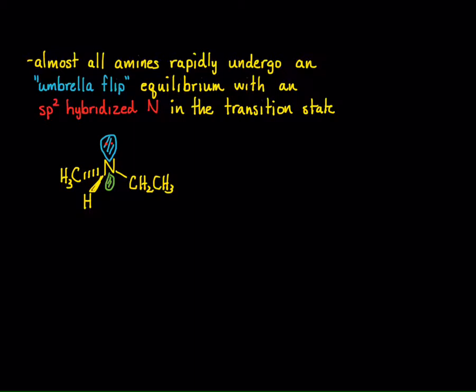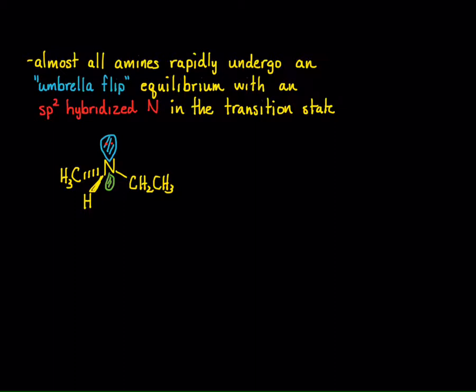So this is where I get that trigonal pyramidal shape to it. Now, interestingly enough, that nitrogen is a stereogenic center. It's a stereogenic nitrogen because it has, in essence, four different things attached to it. It has an ethyl, a hydrogen, a methyl, and a lone pair of electrons. The lone pair of electrons are a group attached to it.